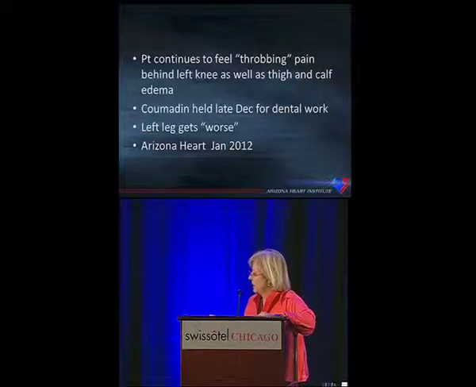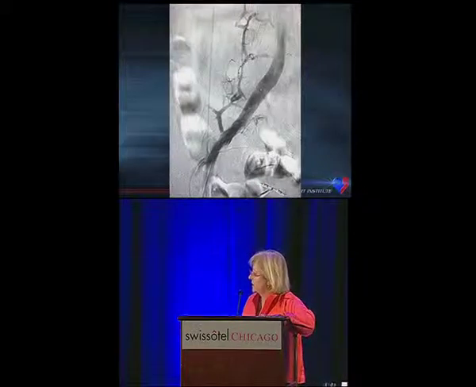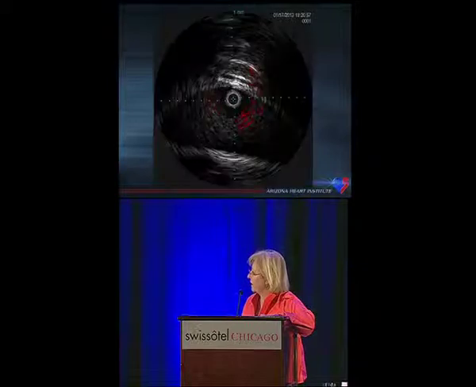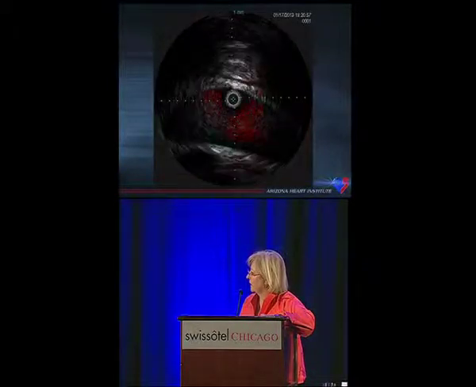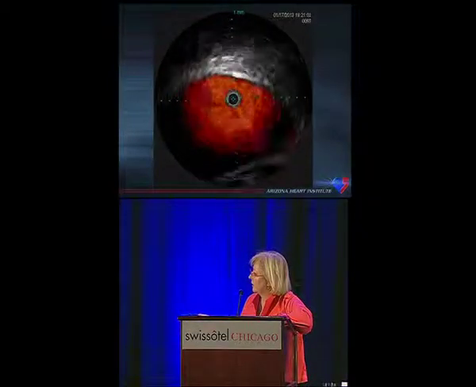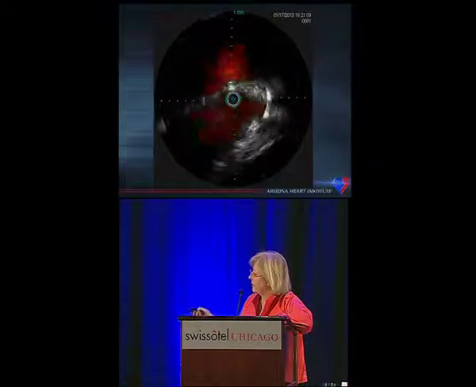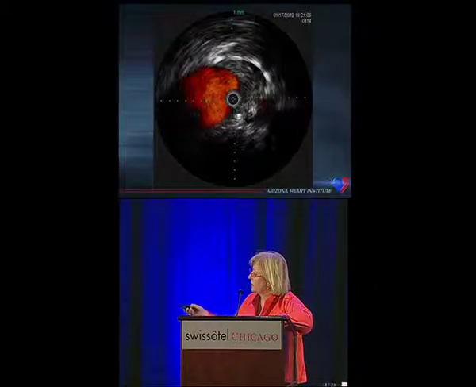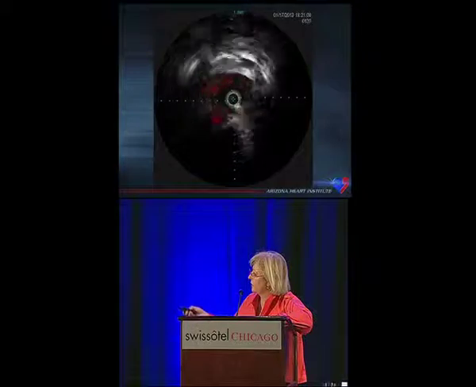But what we did was we went in, and this is again the original venogram from before, and I'll show you that when we looked with IVUS, you pull from the cava, pulling down, and you'll start to see the stent. Here's the stent, but there's a lot of thrombus in that stent, which has narrowed the lumen.